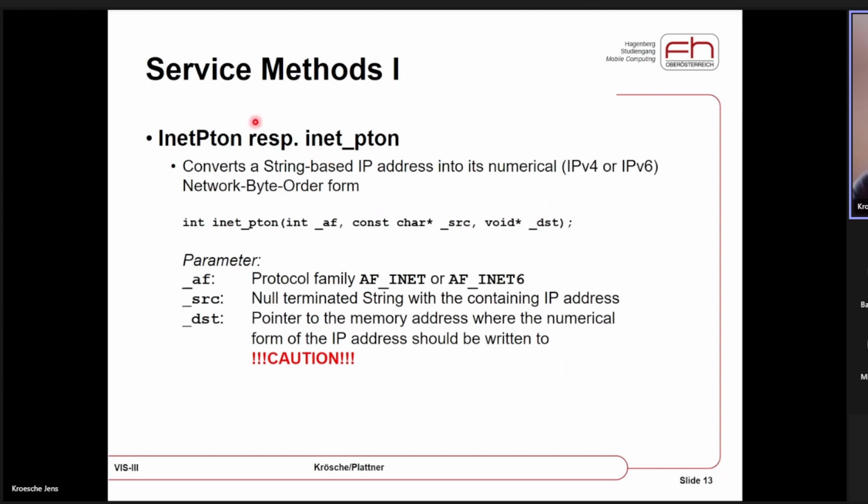And I'm not sure if it was the Mac or the Windows world where this method has this naming, INET Python, without the underscore. So camel case, not snake case.